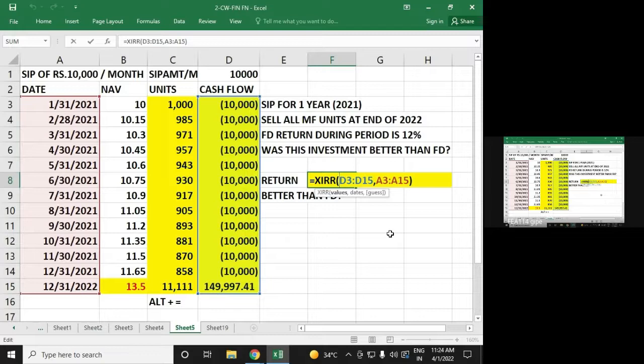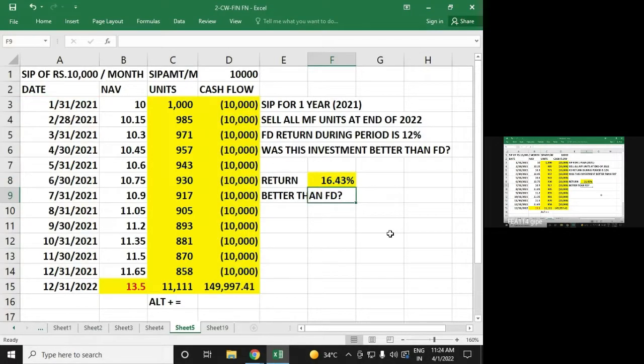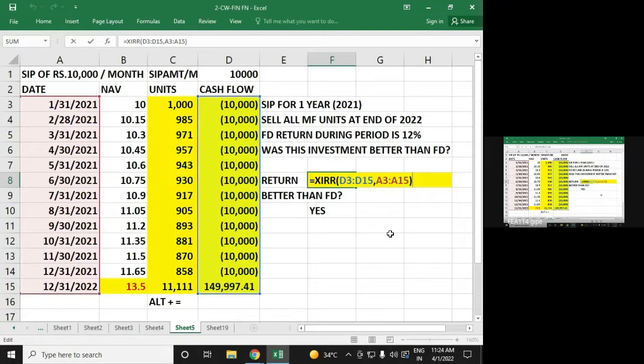XIRR इसलिए क्योंकि data is non-annual. Whenever you have non-annual data, make use of XIRR. 16.43. Is this better investment than FD? Yes, because returns are more than 12%.